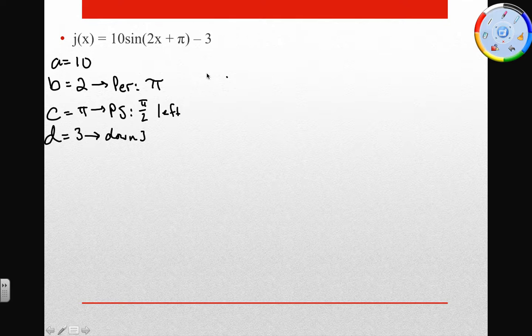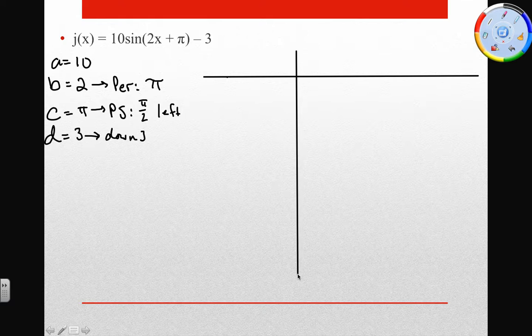So down 3 means I need an x-axis way up here somewhere. And left pi halves means I need a little bit on the left and the right of my y-axis. So I need to have at least a pi halves here. So this distance is now pi halves, so I'm going to use it again.